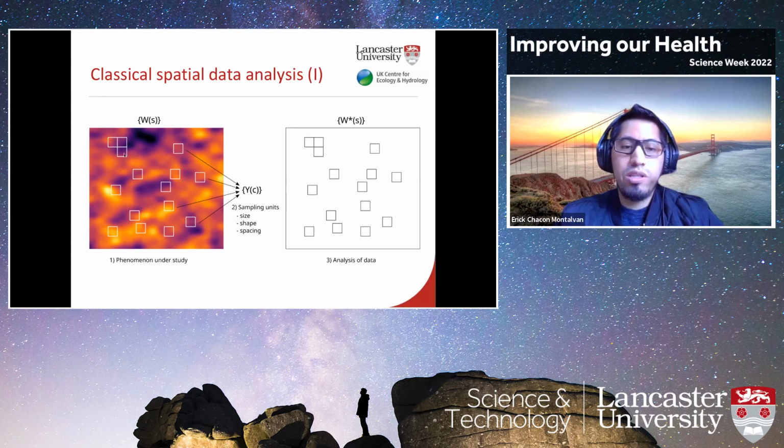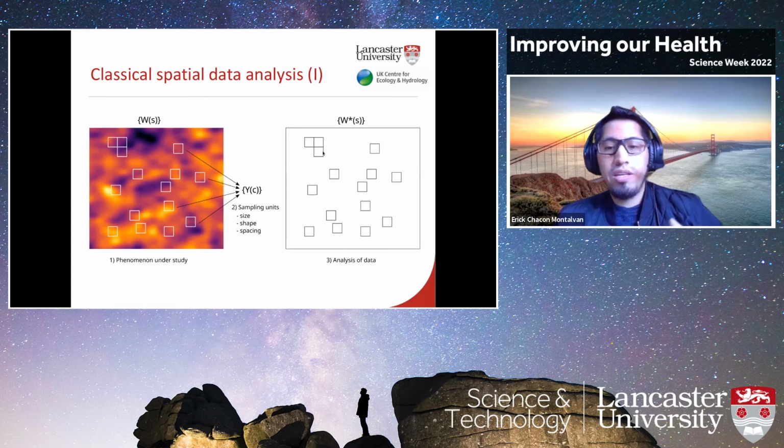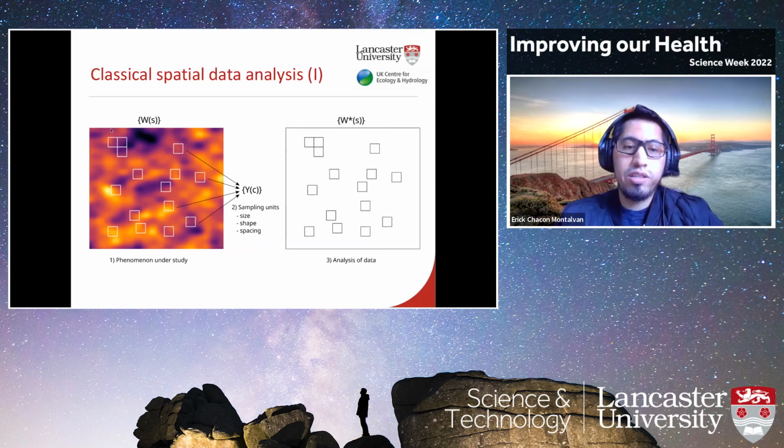The disadvantage with this approach is that when we do some inference about the phenomenon under study, we can only make inference in the same support where we have observed the data. So for example, here we have these three squares that are three units about this phenomenon. And then we are going to be able to make inference on those three units, and the same for the remaining squares. So when we use this approach, we are not able to provide more information away from these squares.